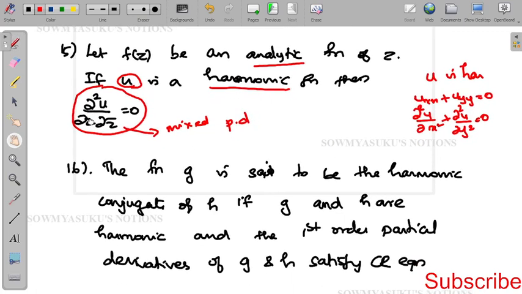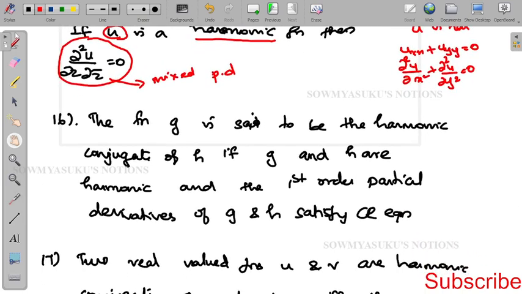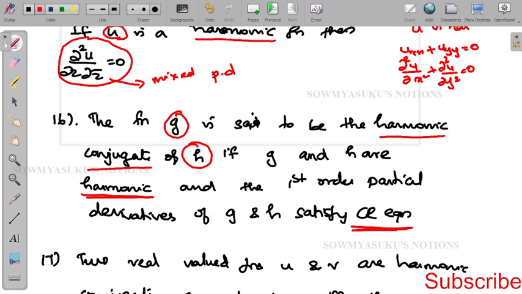Then the 16th one. The function g is said to be the harmonic conjugate. When will we say harmonic conjugate? Here, g is the harmonic conjugate of h means the first condition is that g and h are harmonic, and the second condition is that the first order partial derivatives satisfy the CR equation.